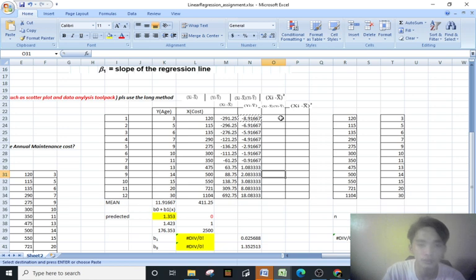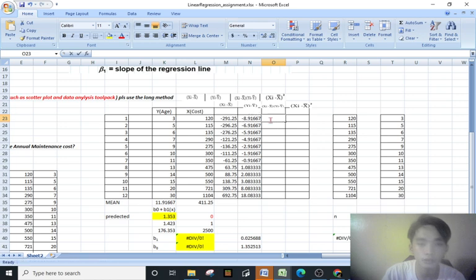Next is to multiply what I subtracted from x to the average and yi to the average of yi.